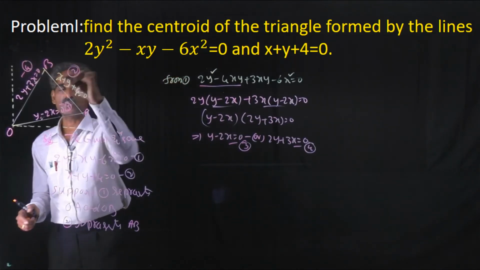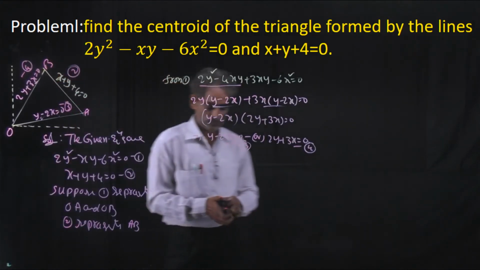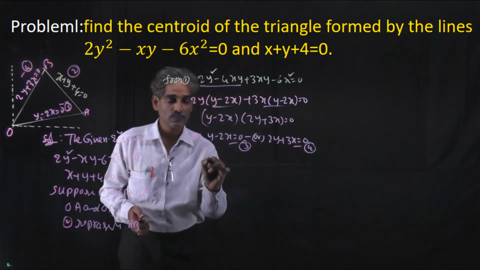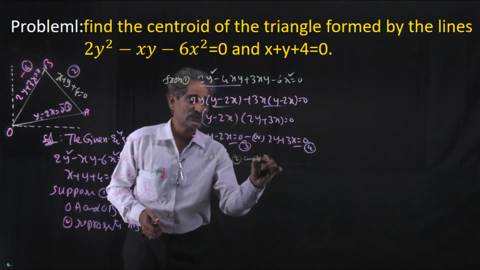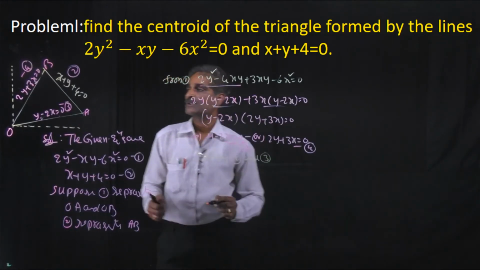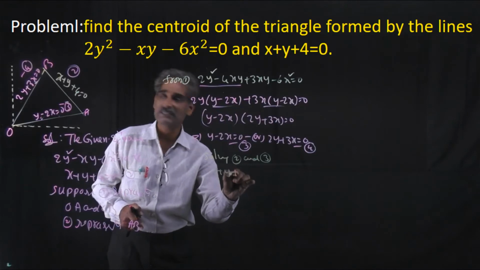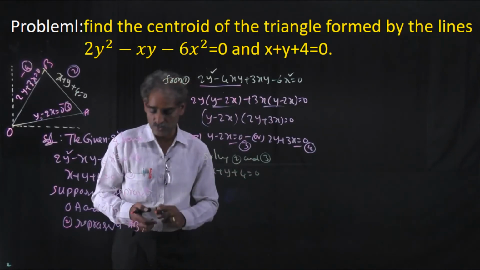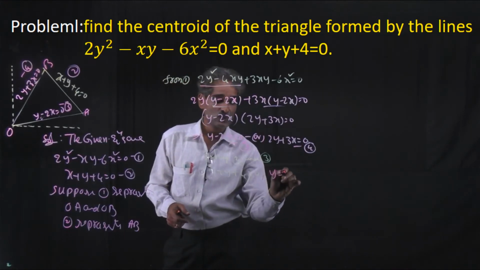This is equation 2. Solving 2 and 3, we will get A. Equation 2 is x + y + 4 = 0, and 3 is y = 2x.